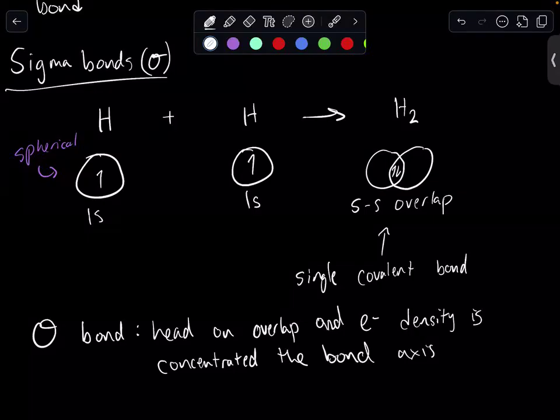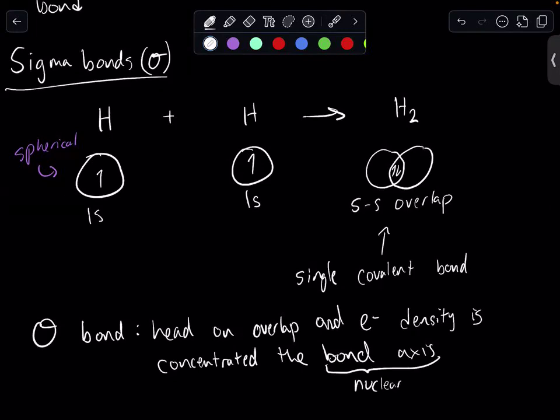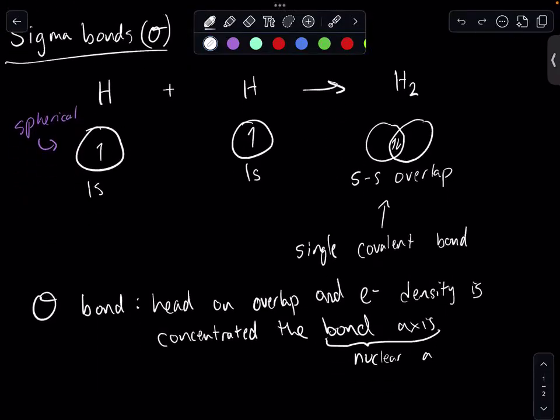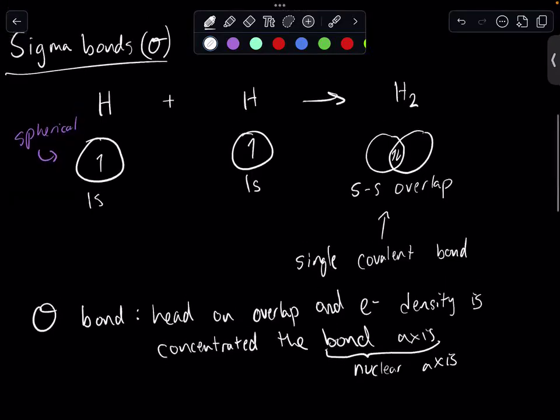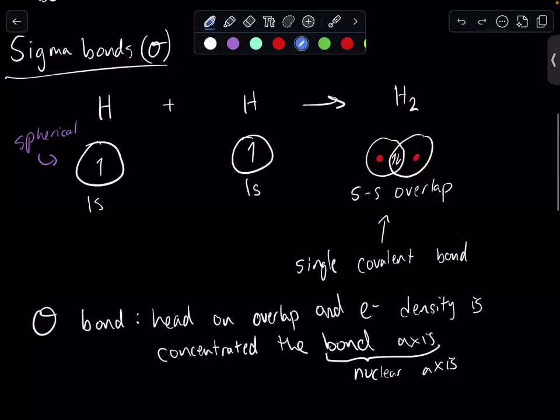Well, in addition to being the bond axis, this is also the nuclear axis, and I'll discuss that as well. What that means is if we look at the nuclei, meaning the one proton in each hydrogen atom, and we draw a line through the nuclei, we get this line, which actually, let's go ahead and represent this in a different color.